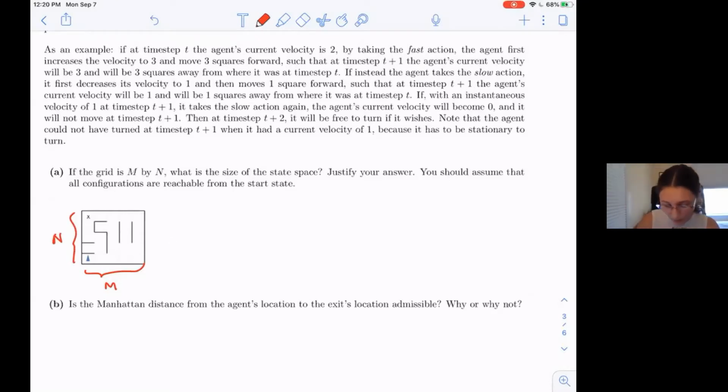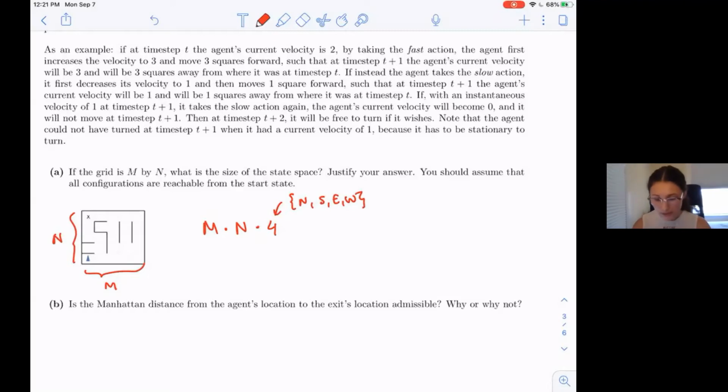So part of the state space size is going to be all m by n coordinates where the agent could be. But in our problem, we also know that the directionality matters, whether or not the agent is facing north, south, east, or west. And so we're going to multiply this number by 4, where 4 corresponds to all of these 4 possible directions that our agent could be facing: north, south, east, and west.